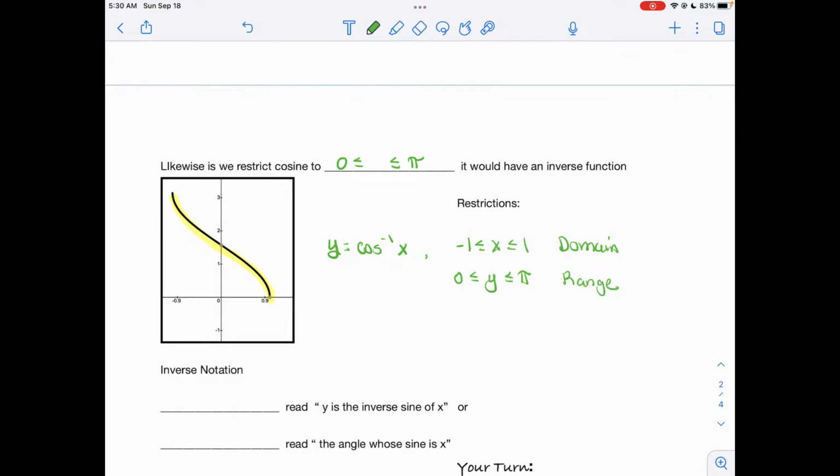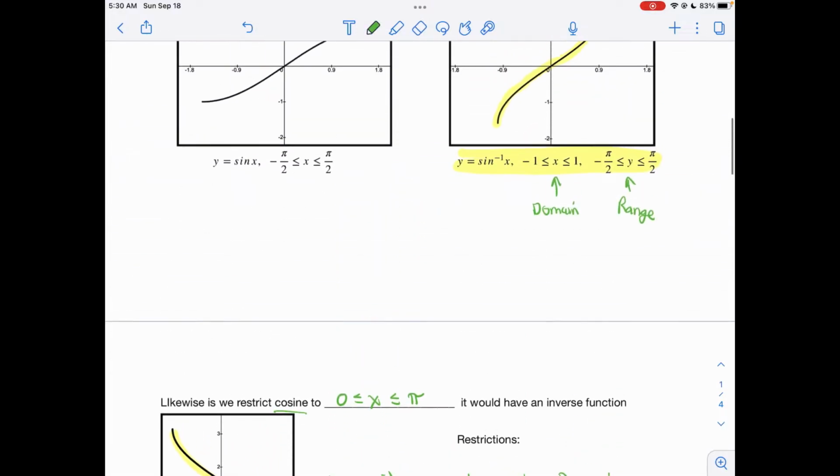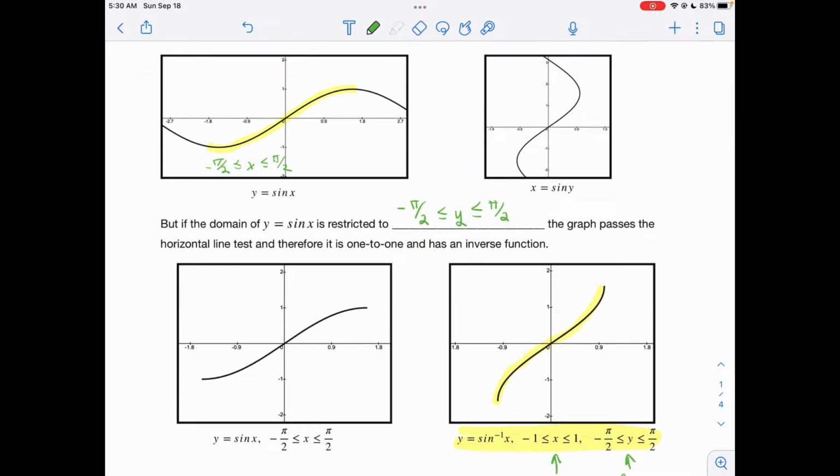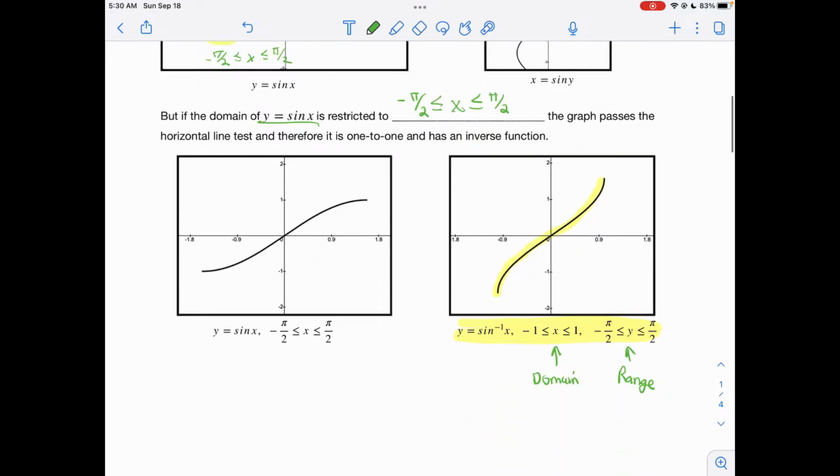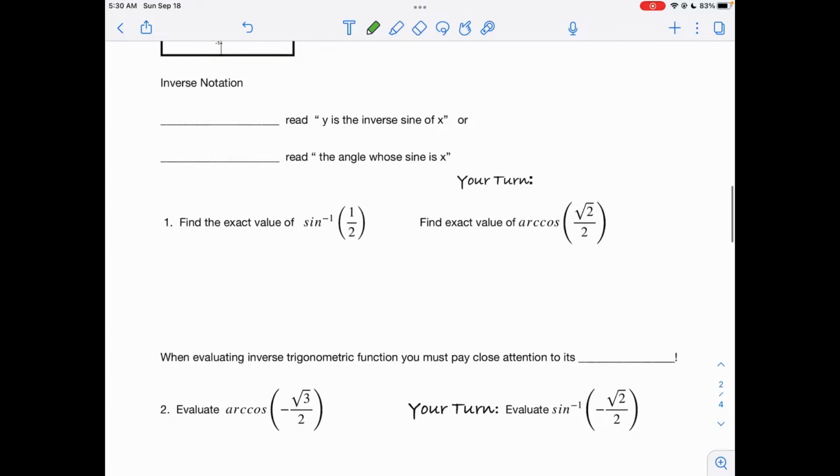Wait, this should have been x, because I was talking about the cosine function, and I think I made the same mistake up here, so change these two. The sine is limited from negative pi over 2 to pi over 2, but the restrictions of the inverse functions are with the y's, because this angle is our y on the inverse function.